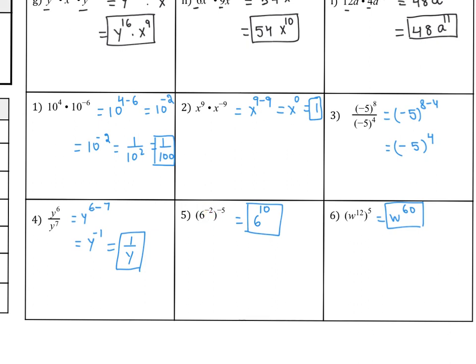All you have to do is multiply these two numbers. So 2 times negative 5 is positive 10. So 6 to the power 10. For W, you're going to multiply the powers again. So that's going to be 12 times 5. And W to the power 60 is your answer.